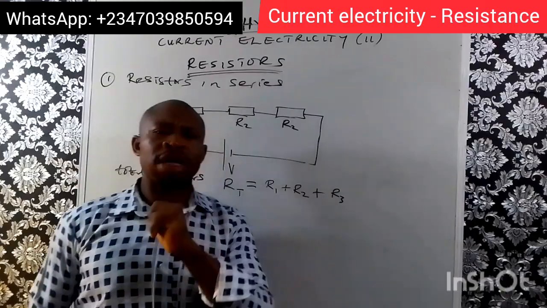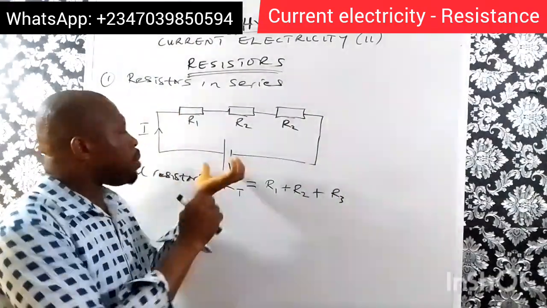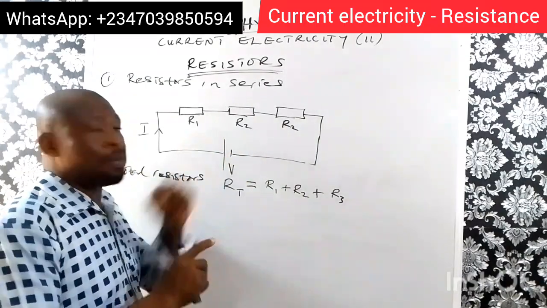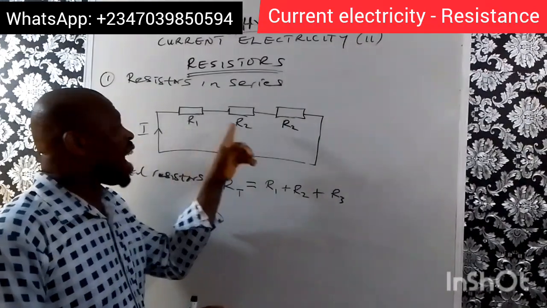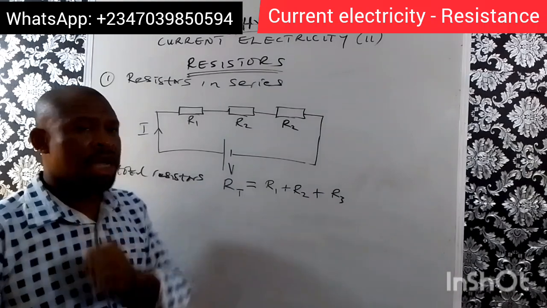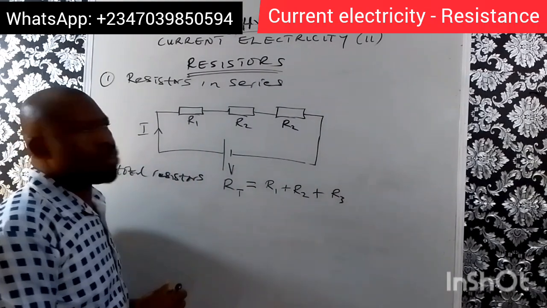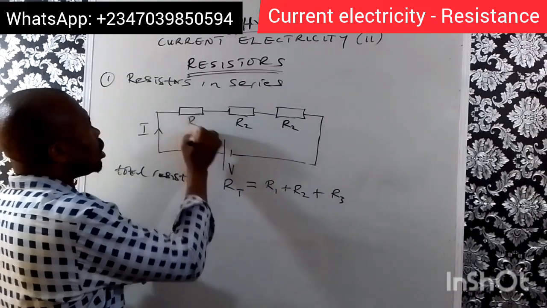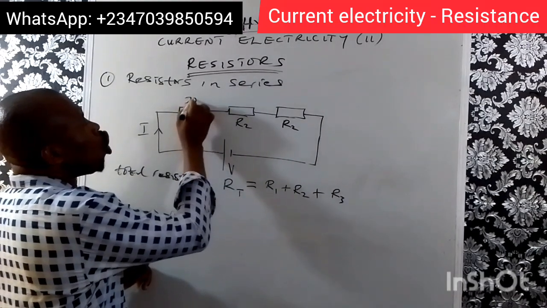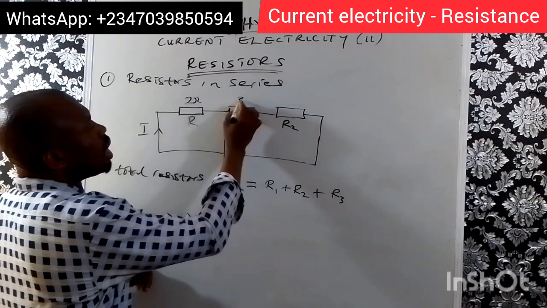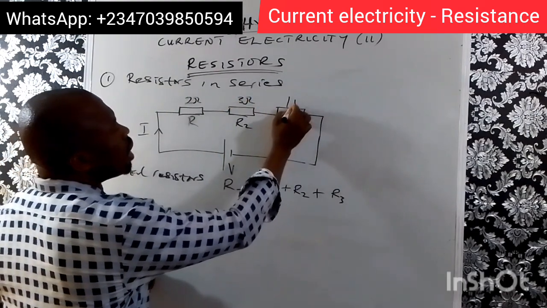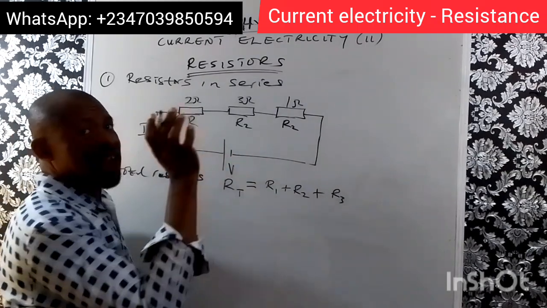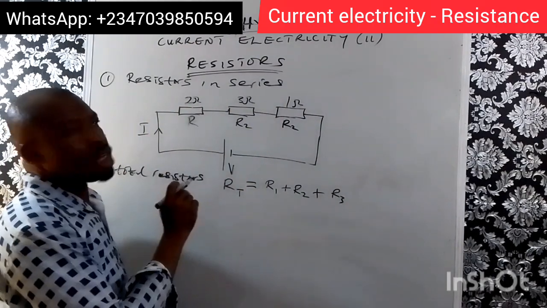The second one is that the potential difference V is dependent on the value of the resistors. For example, assuming we have 2 ohms here, maybe 3 ohms here, maybe 1 ohm here.